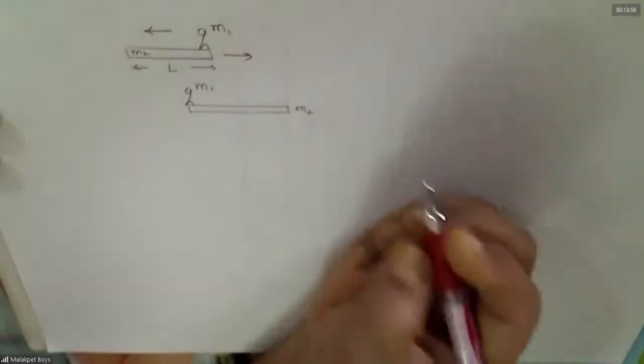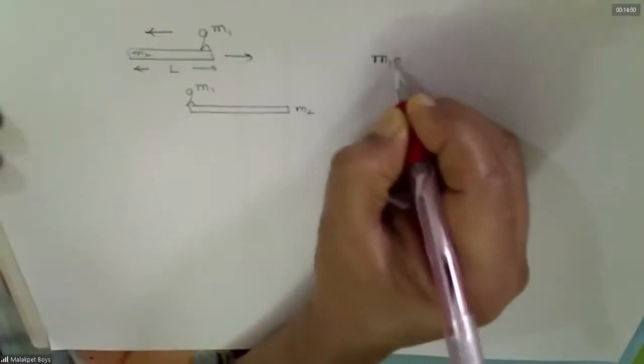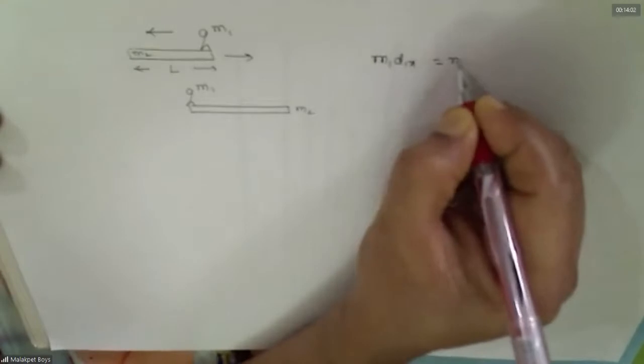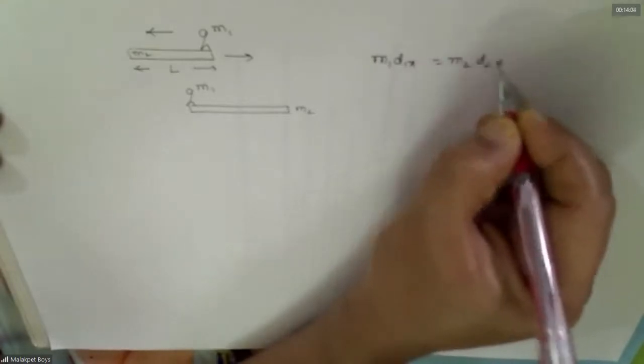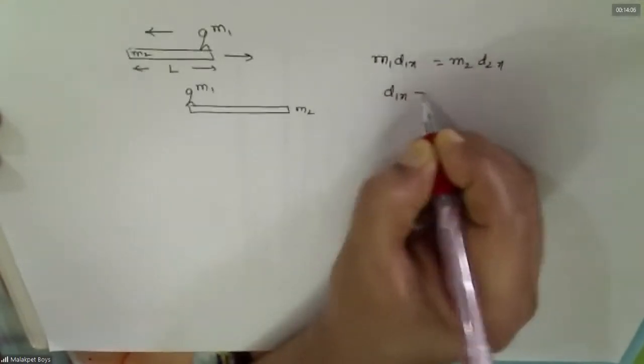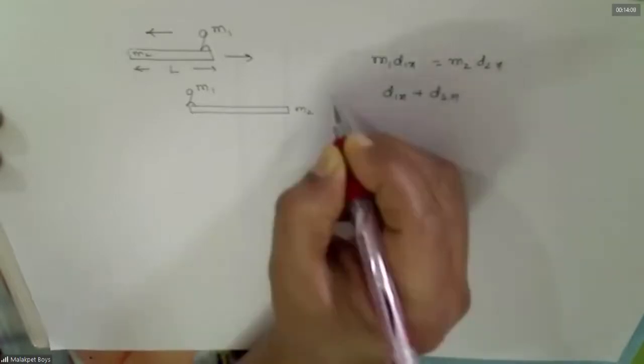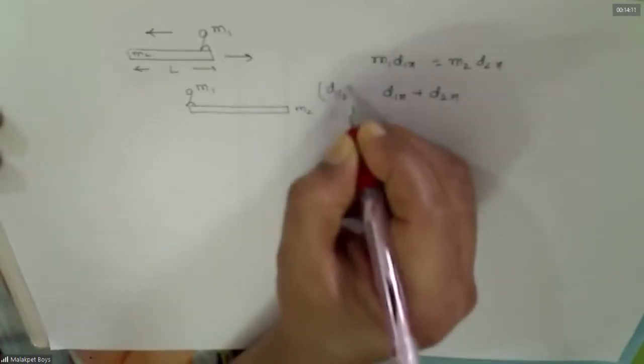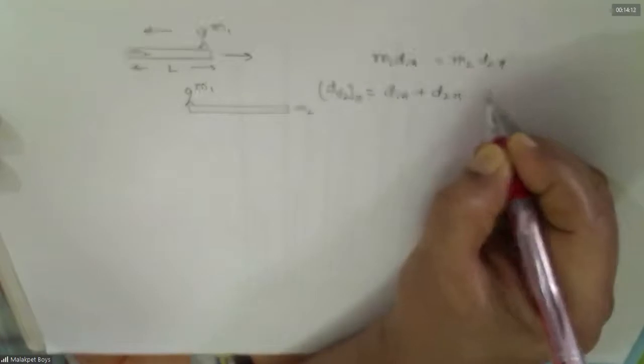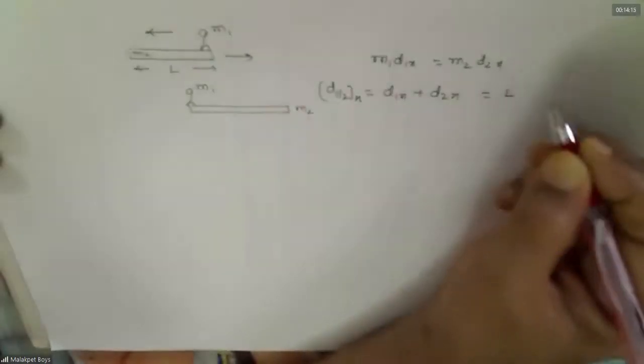Is there any y displacement? No, sir. And you have d1x plus d2x relative displacement, no? Yes, sir. Because you have only x displacement, we'll use that, that's all. Solve this.